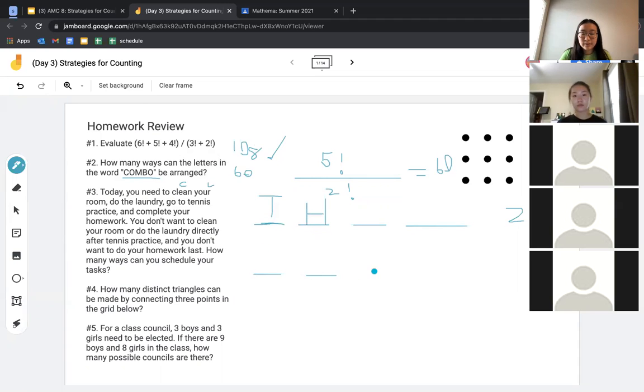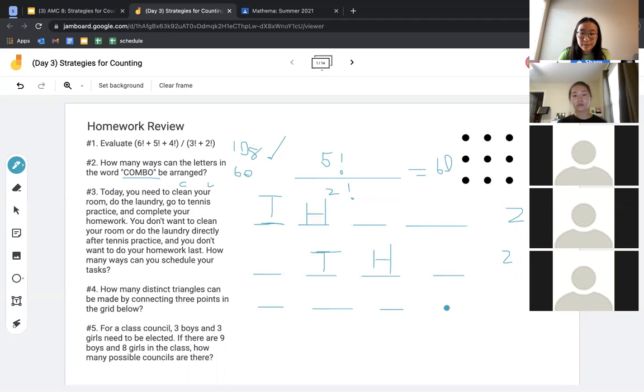And now let's see. Okay, so if we put T right here, then again, H has to follow T, and there's another two possibilities.